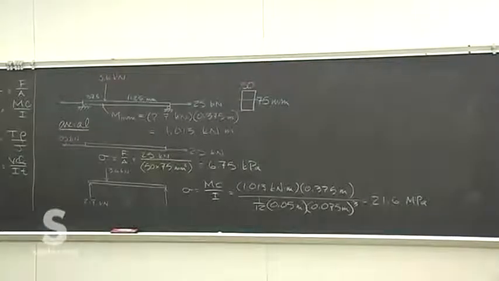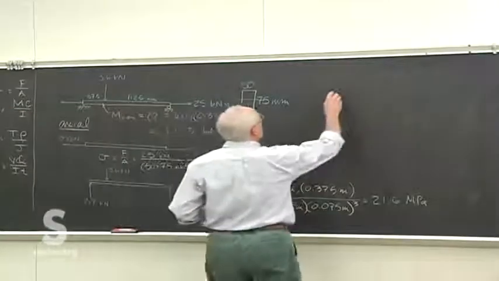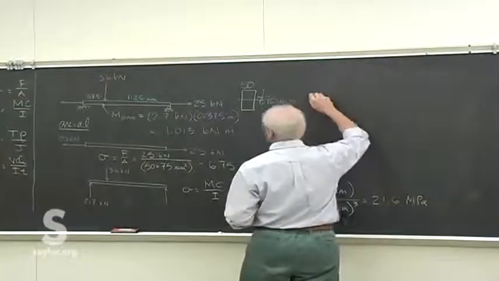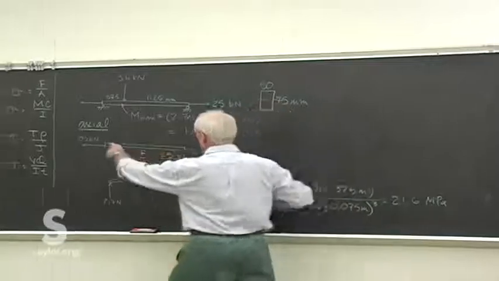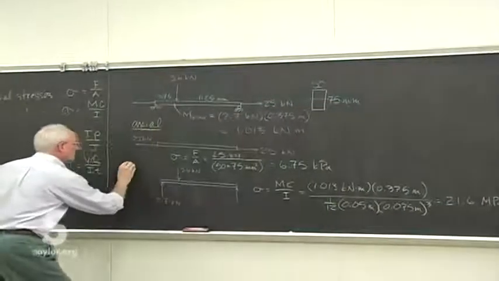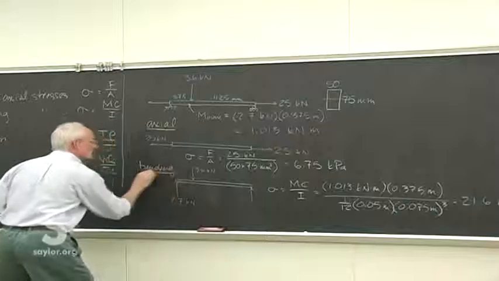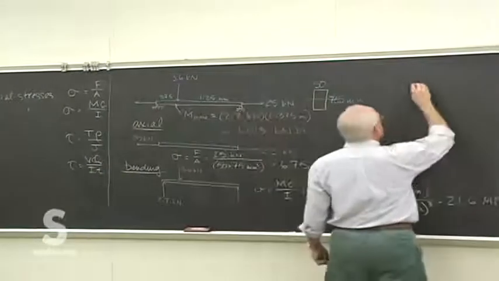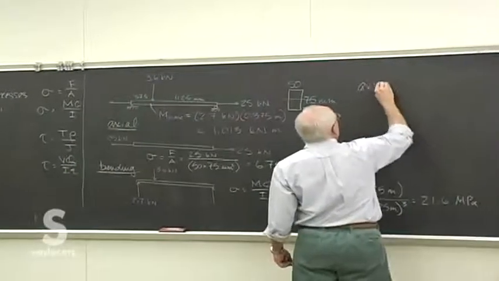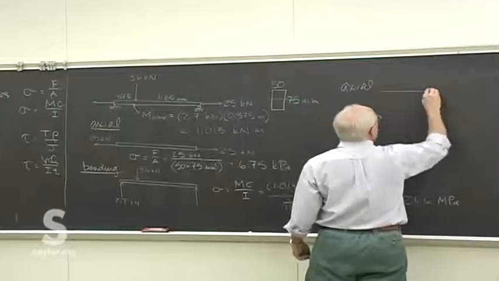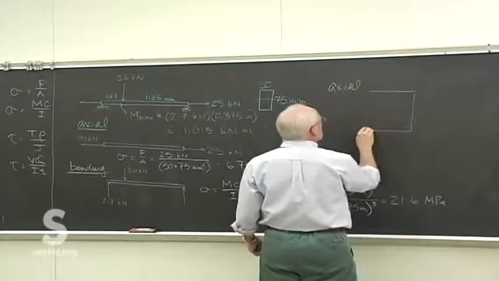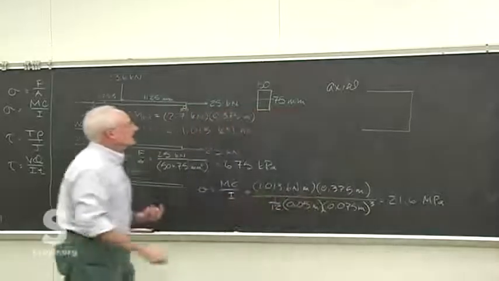Because here's the deal with what's going on. We've got this beam under the axial loading. Let me label this the bending. We've got the axial loading that puts a stress profile that looks something like this.